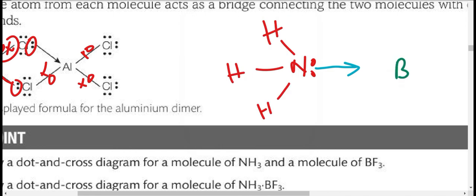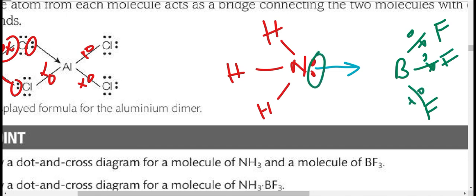Boron has 1, 2 and 3 F connected, and see, dot and cross, 6 electrons are already there, 3 pairs, but it can still accommodate 2 more electrons. So the arrow is going from here to here. This is the dot cross for NH3, BF3 molecules. When they are making, this is the dative covalent bond between them.